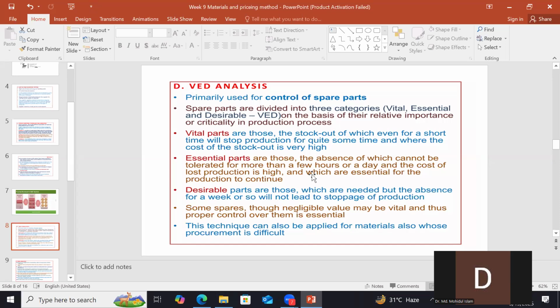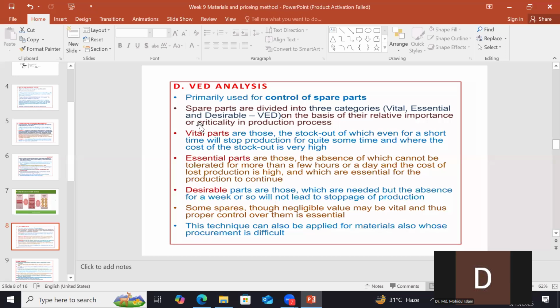But for a vital part, even a very short moment of absence makes the cost very high. And desirable: this device or part can be absent for one week, two weeks, but does not stop the production. This part is called a desirable part of production.